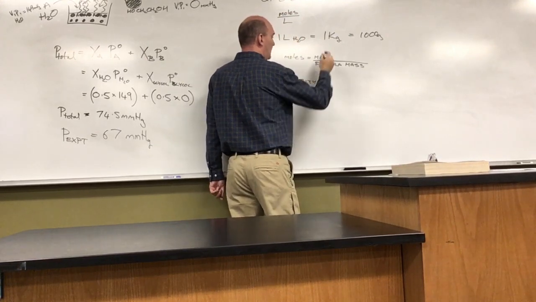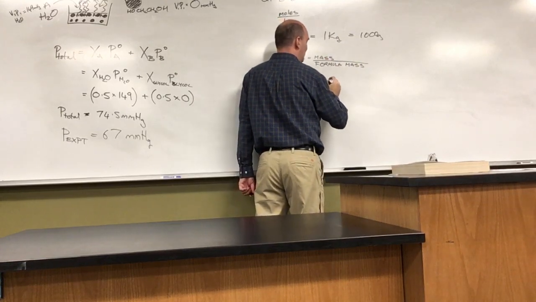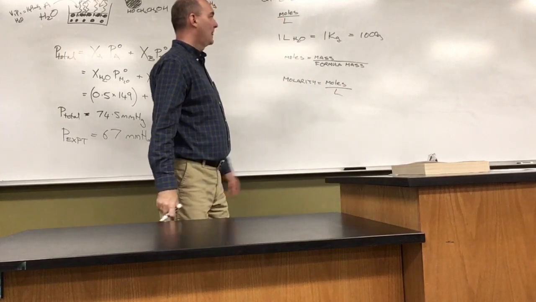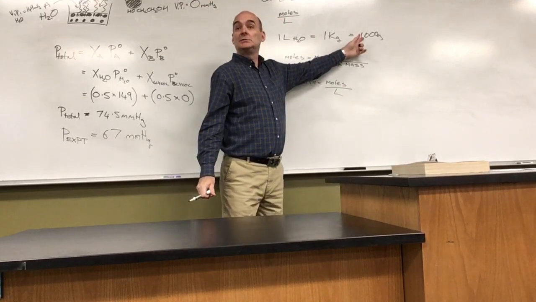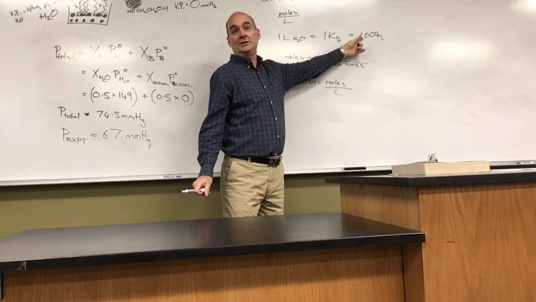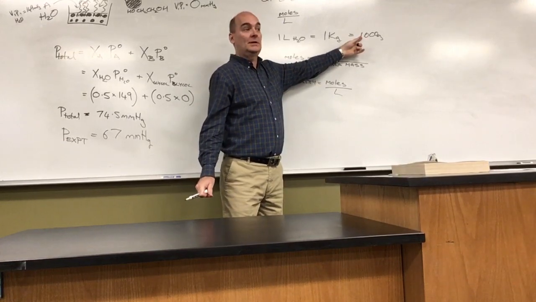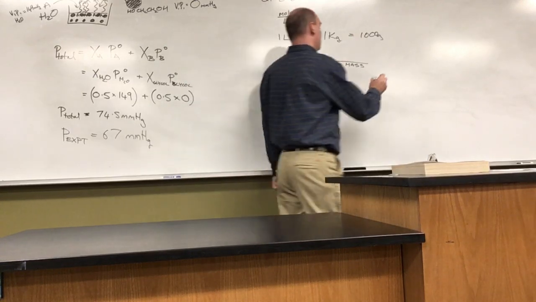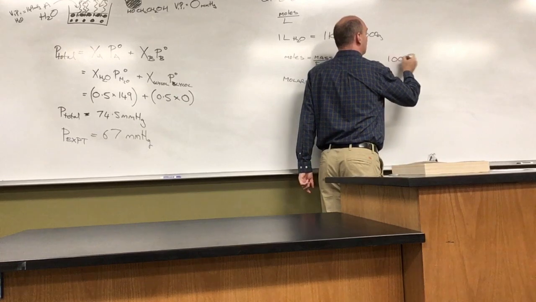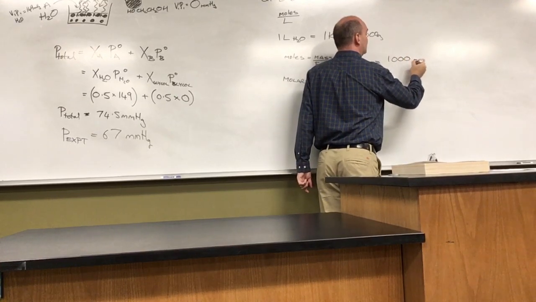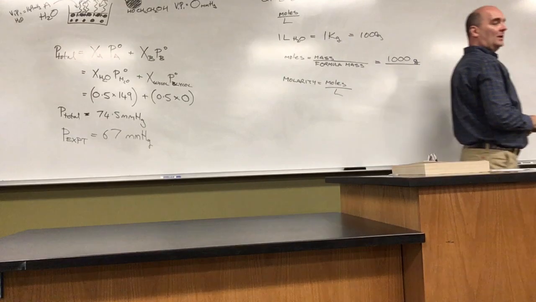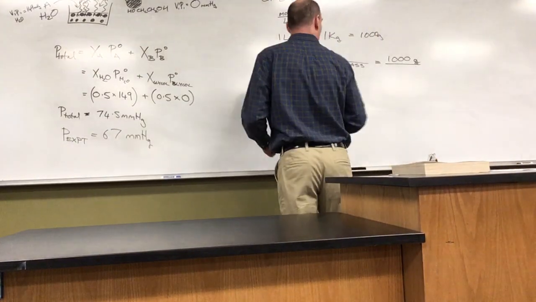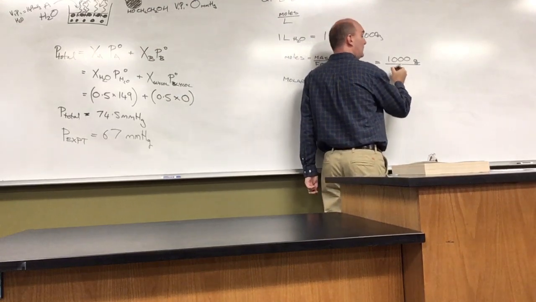Formulae I need. Moles is mass divided by formula mass. Molarity is moles per liter. Okay? I know mass. 1 liter of water is going to contain 1,000 grams. Put 1,000 in here. What's the formula mass of water? We just said it out loud a second ago. 18 grams per mole.